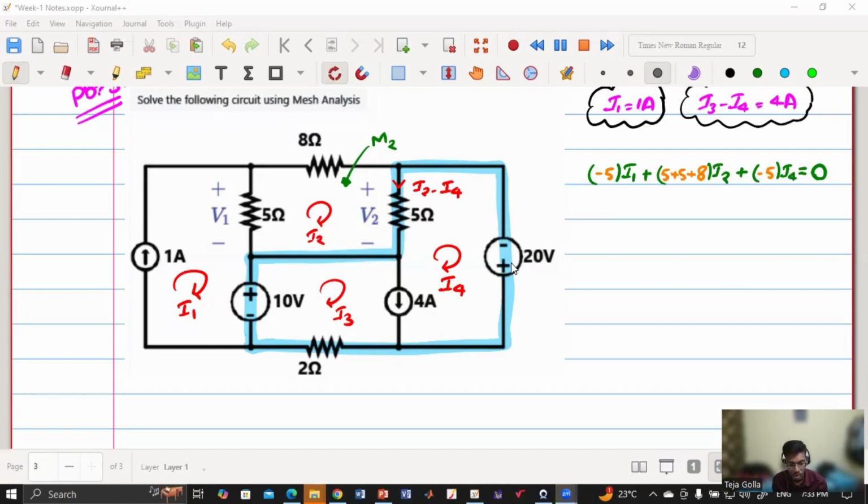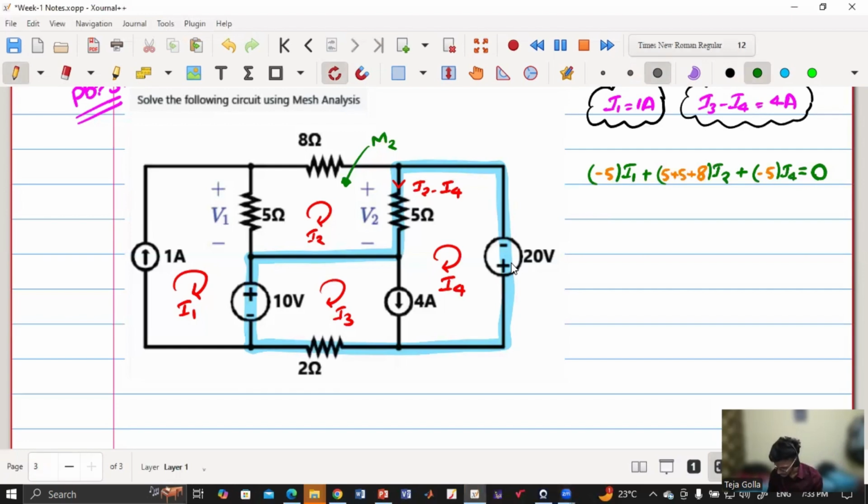Once you calculate them, what they have asked in the question is a different thing. They can ask voltage here, current there, power here, power there. But in order to solve the circuit, the minimum unknowns I should know are these 4 mesh currents. Once I know this, I can calculate the current in any resistance, any element, or also the voltage across any element.